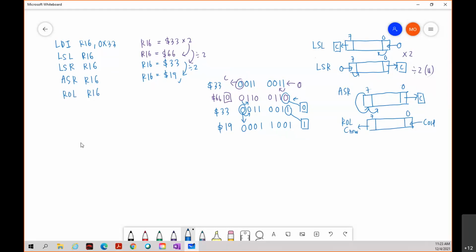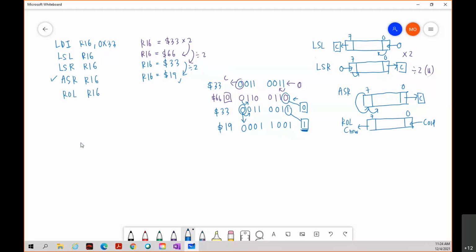What about your C old? What is your C old value? Anyone? Can you tell me the current C flag value? Okay, 1. So this is your C old, the C produced after you execute the ASR instruction.